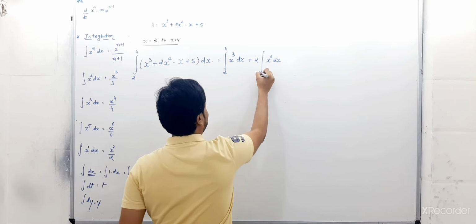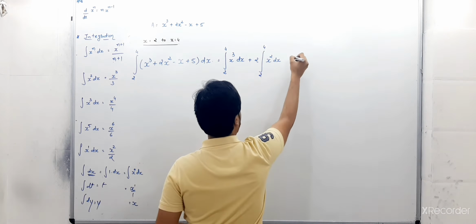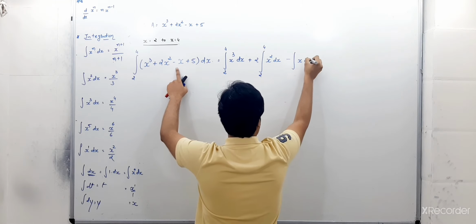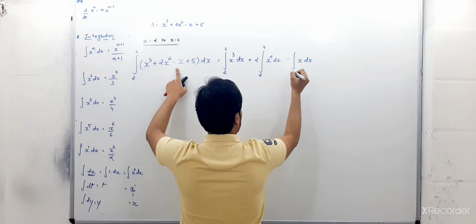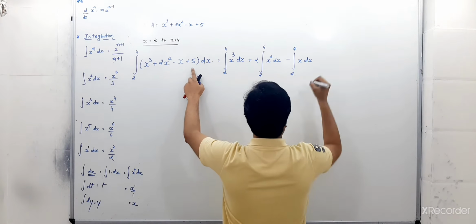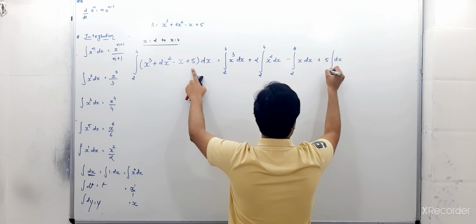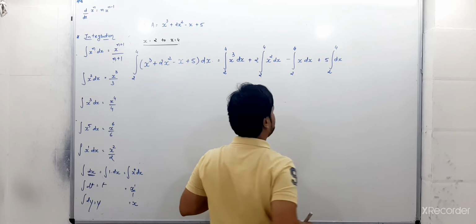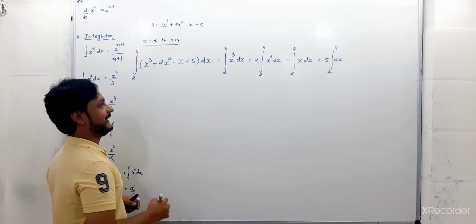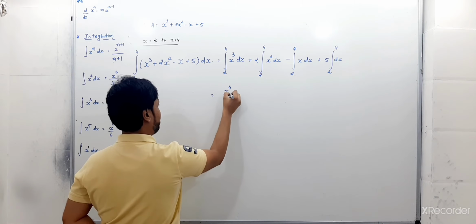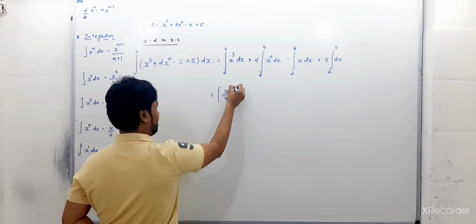So now again the limit 2 to 4, minus integration of x into dx 2 up to 4, plus 5 is a constant, so integration of only dx 2 up to 4. Done? Okay, now take the integration. X cube integration must be x raised to 4 divided by 4. You know this, okay?